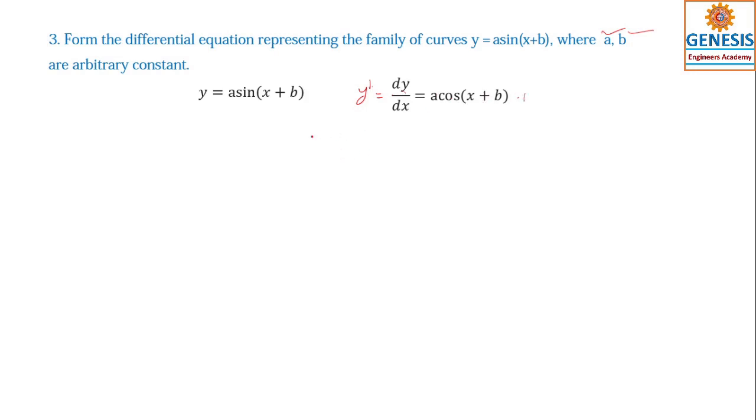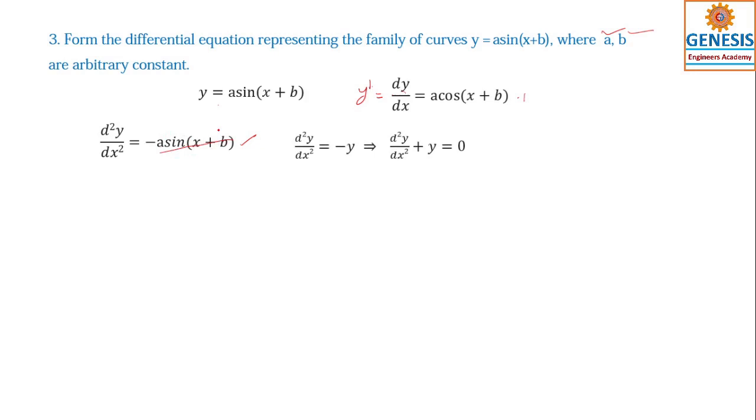If you carry out this differentiation operation again, the differentiation of cos is minus sine, and we get the same thing. So this is nothing but minus y, if you substitute for a sine of (x plus b), and we form the differential equation like that.